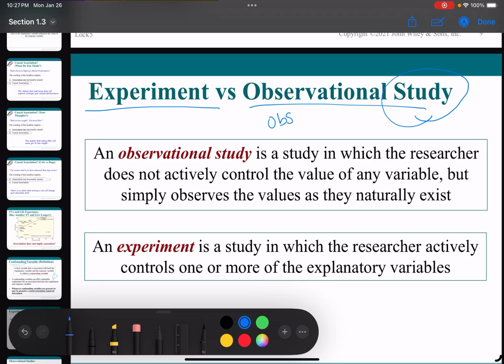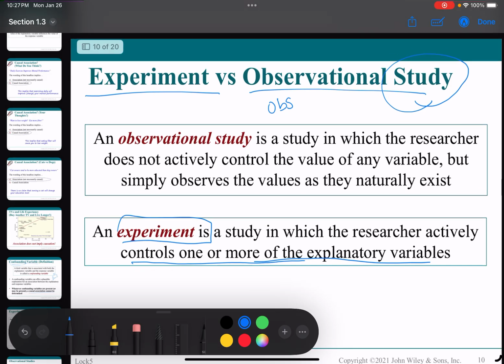Unlike these, in experiments, the researcher has the capability to control one or more explanatory variables. So whenever the researcher collects data by controlling one or more explanatory variables, we call that study an experiment.